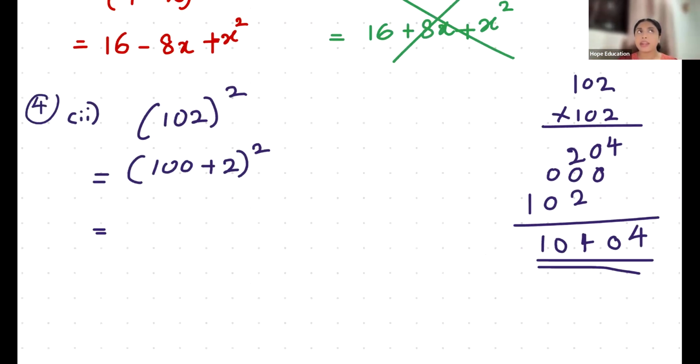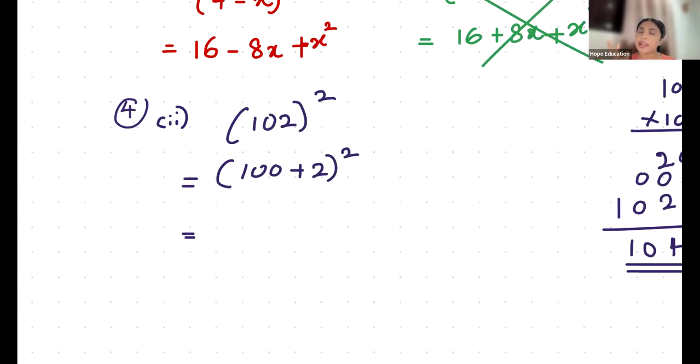I remember, okay, 102, I can also write as 100 plus 2. 102 squared, I can write as (100 plus 2) squared. And (100 plus 2) squared is a binomial expression, no? Square of a binomial expression. Then I simplify it as I usually simplify the binomial expressions. This is the first term. I take the square of the first term. So 100 times 100, that is 10,000.